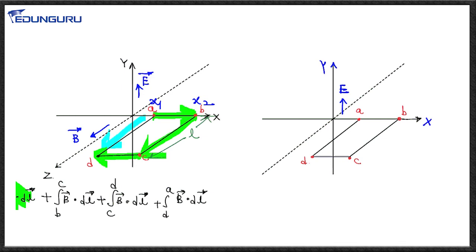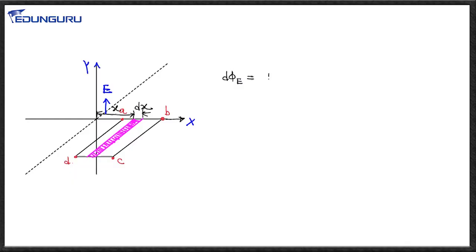This is y axis, this is x axis. So what we will take here is a small element, this distance is x from here, and the width of this is dx, right? So the flux is d phi E is E dot dA.